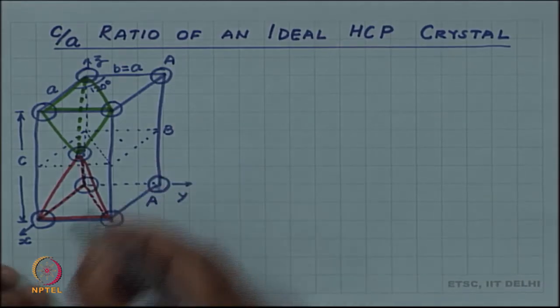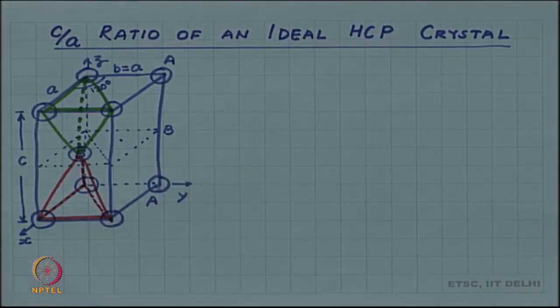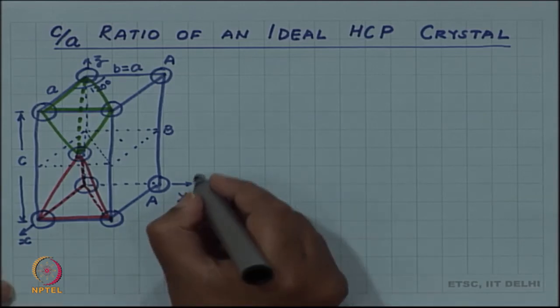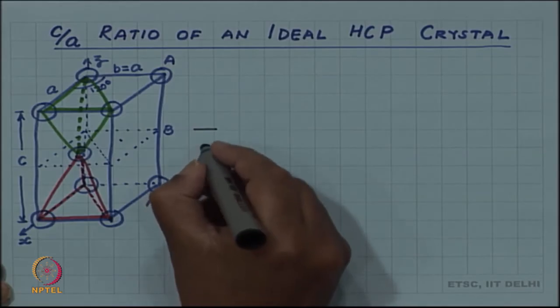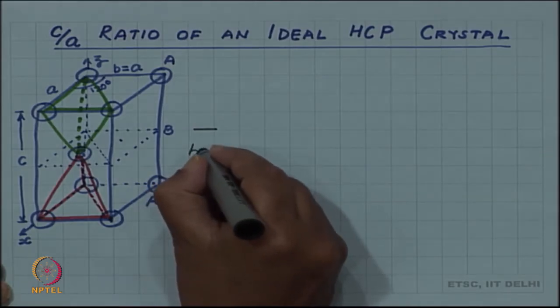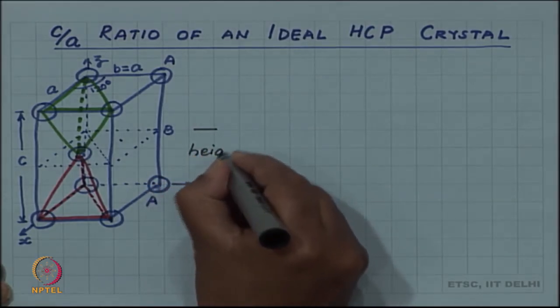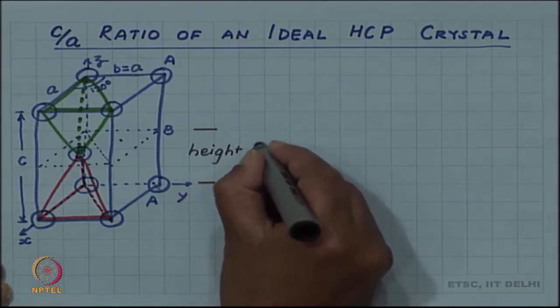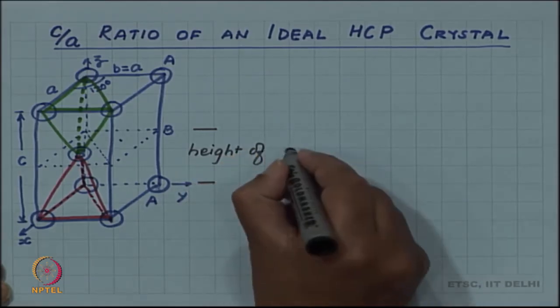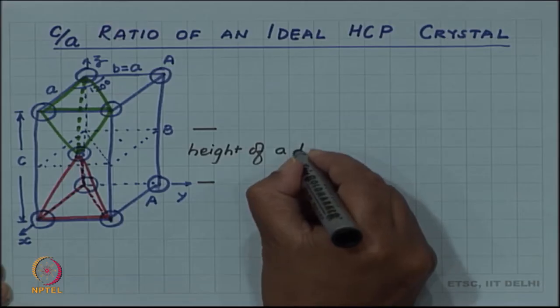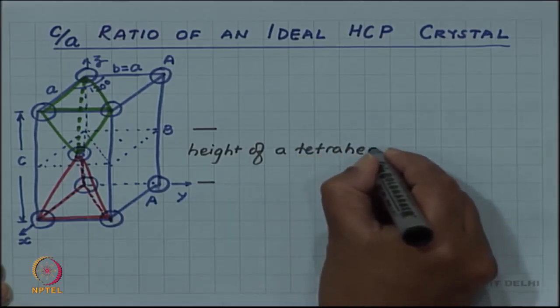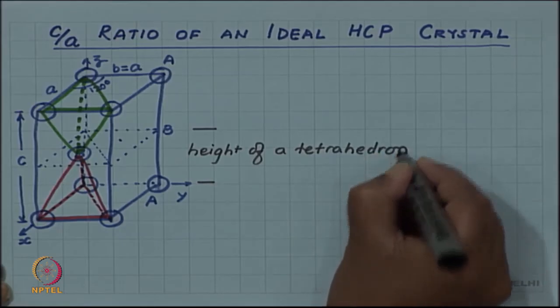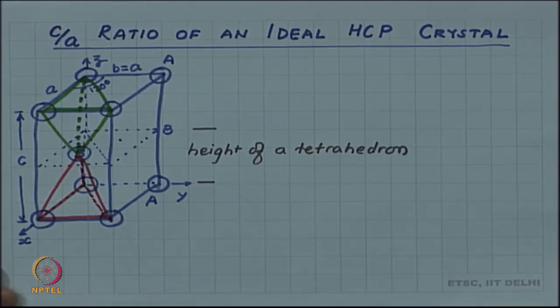So, now you can easily see that A to B distance is the height of a tetrahedron. And what is the edge length of the tetrahedron?